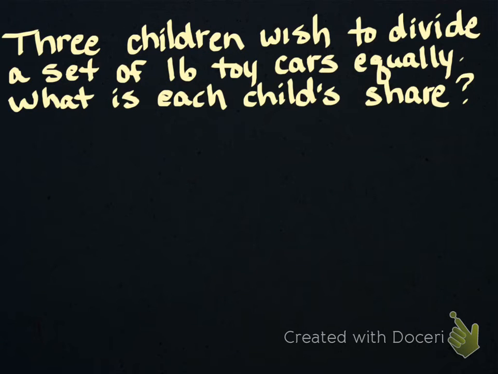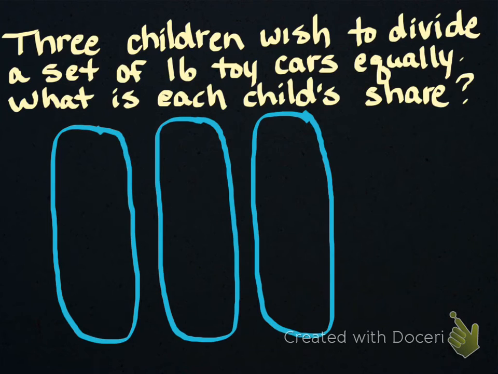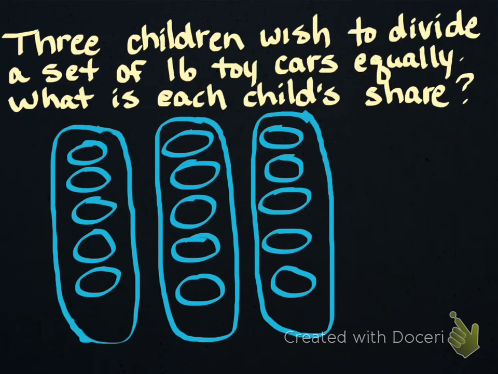Our next problem is 3 children wish to divide a set of 16 toy cars equally. What is each child's share? So we could divide that into 3 circles and place cars in each of those circles until we use the 16 that we have.